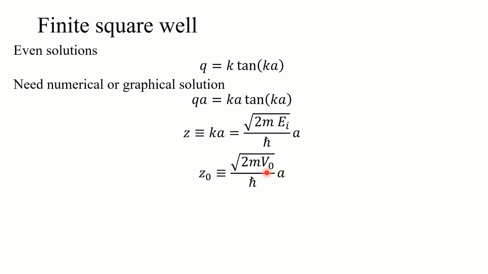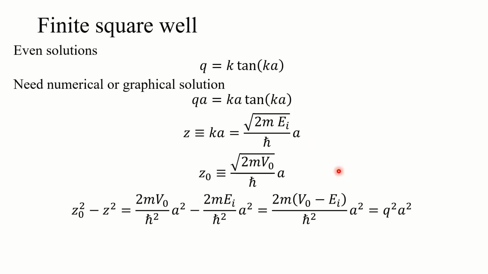If we're looking at a very large or very deep well with a large potential, and that's very wide, we're going to have a very large Z naught. Likewise, if either of these get smaller, we're going to have a small Z naught. And why do we do this? Well, we can look at this. If we look at Z naught squared minus Z squared, right, and just plug in things we get here, we have 2m v naught over h bar squared a squared.